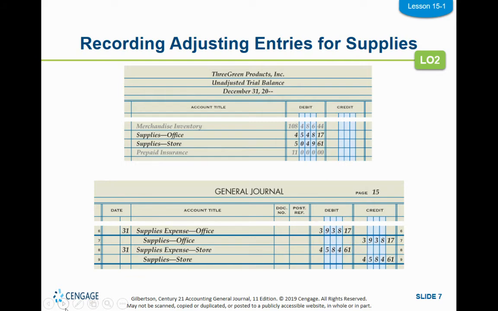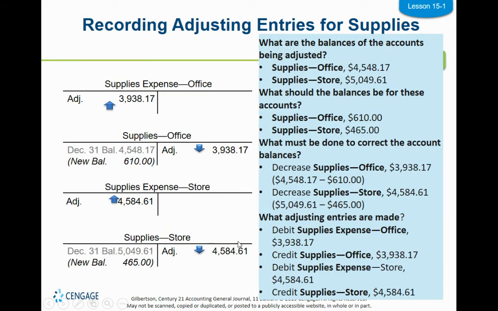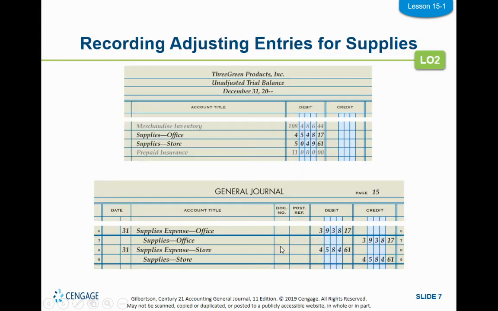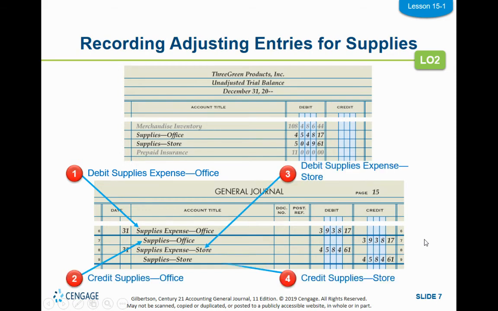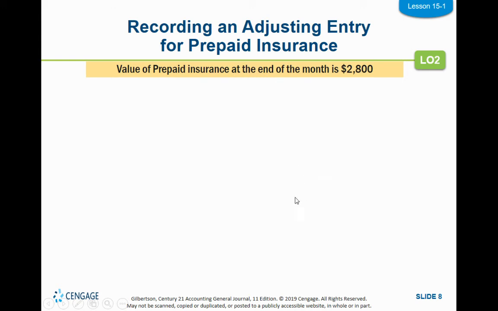These are the amounts that you're adjusting for that you figured over here, and you record those adjustments. Once you have the supplies adjusted, and depending on the corporation, there could be one supplies account, there could be multiple, could be more than two. So however many you have, you do your debits and your credits and your amounts.